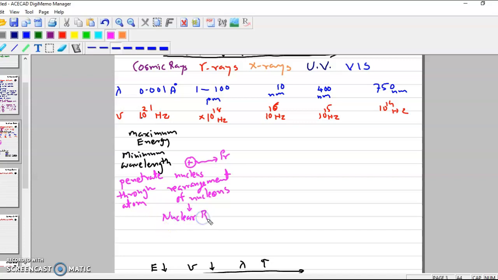So gamma rays are mainly involved in carrying out nuclear reactions of a given molecule.